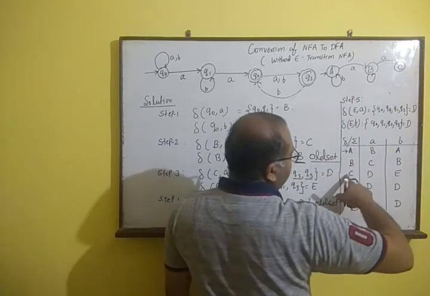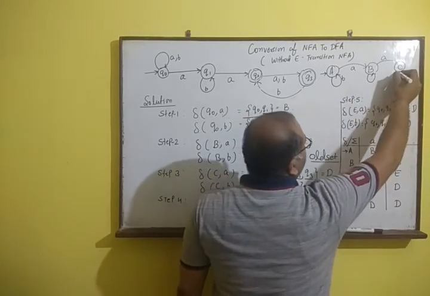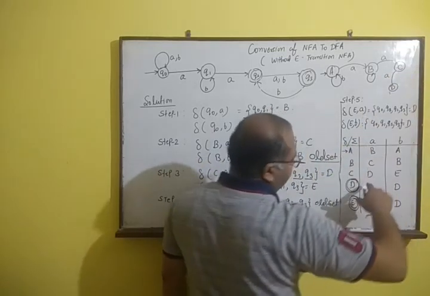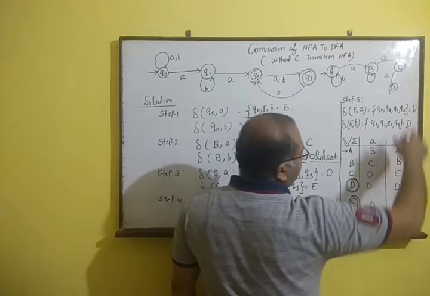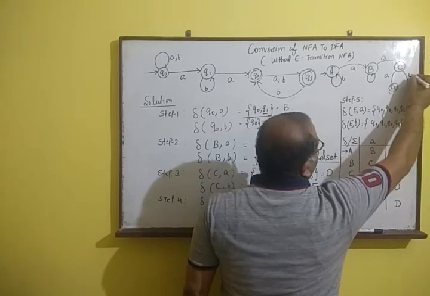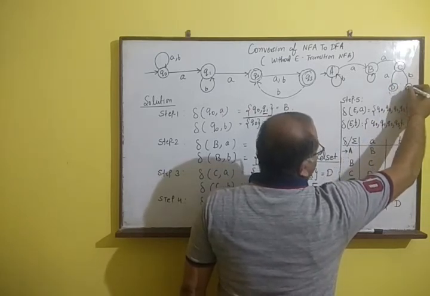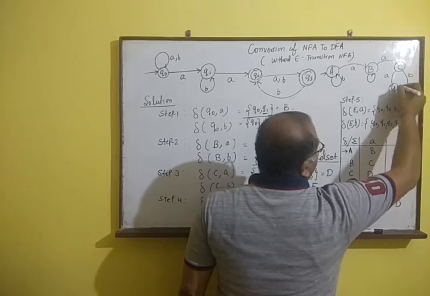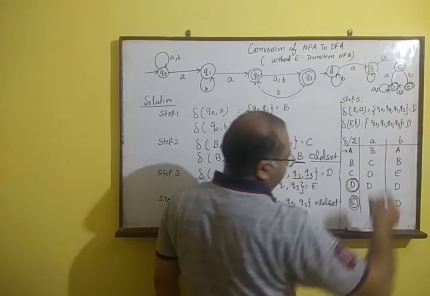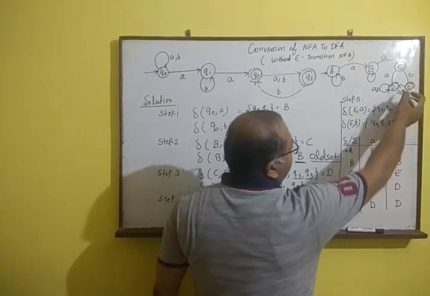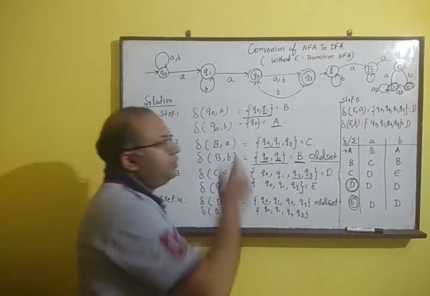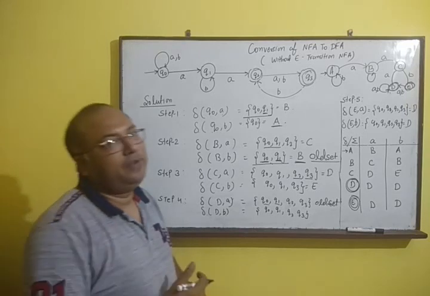On A move it takes us to set D, and on B move it takes us to set E. From state E we will reach the state D on A move, and on B move again we are reaching the state D. So this is the equivalent DFA of the given NFA.